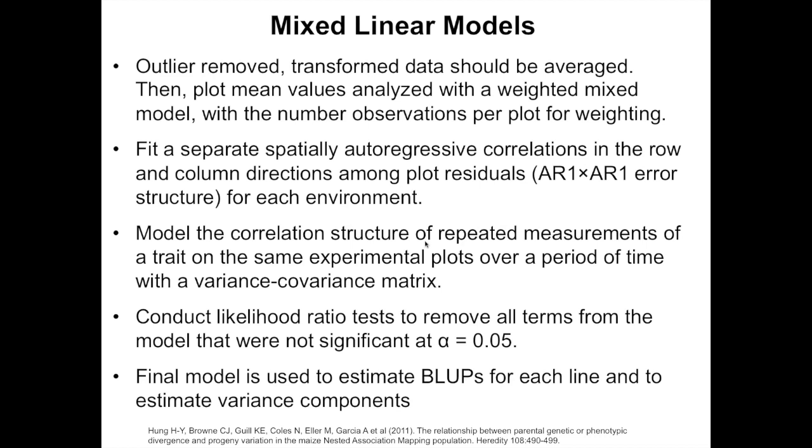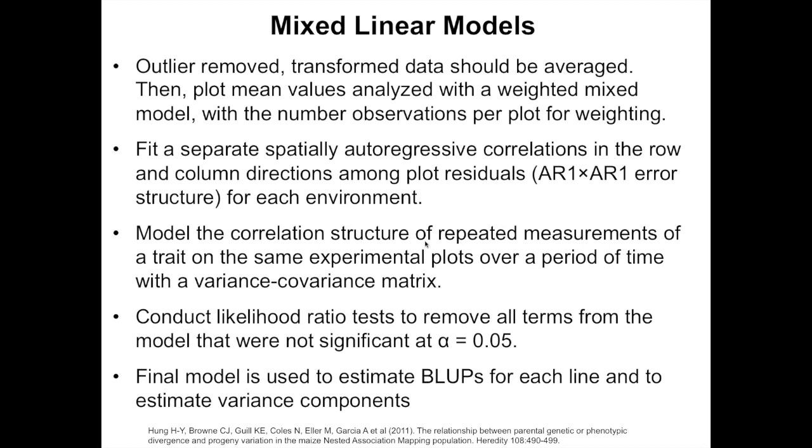So this is looking at the AR1 error structure for each environment, like row by column. So it's the various row by column combinations being tested across the field. And then you can also model the correlation structure for repeated measurements of a trait on the same experimental plots over time with a variance covariance matrix.